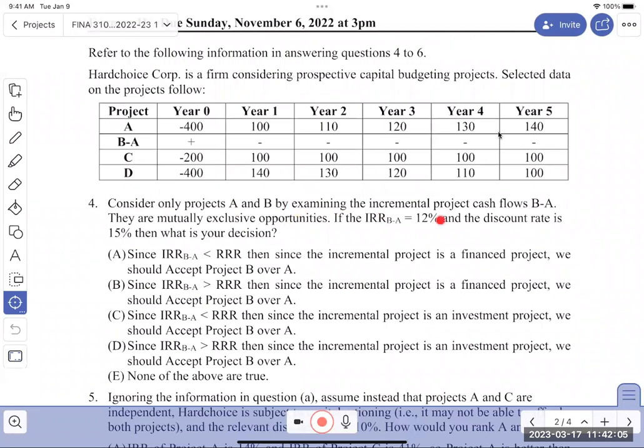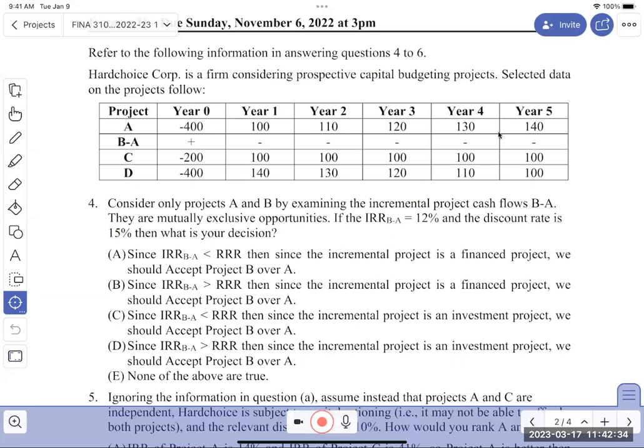By examining the incremental project cash flows, B minus A, so this time we subtract B by A, they are mutually exclusive opportunities, so you can only pick one. If the internal rate of return of B minus A is 12%, so I don't tell you the numbers, but I tell you that if you were to put them in your calculator, you'll get 12%. And the discount rate is 15, what is your decision?